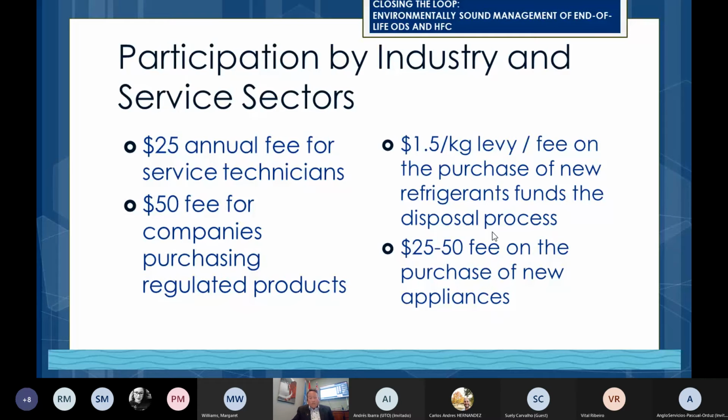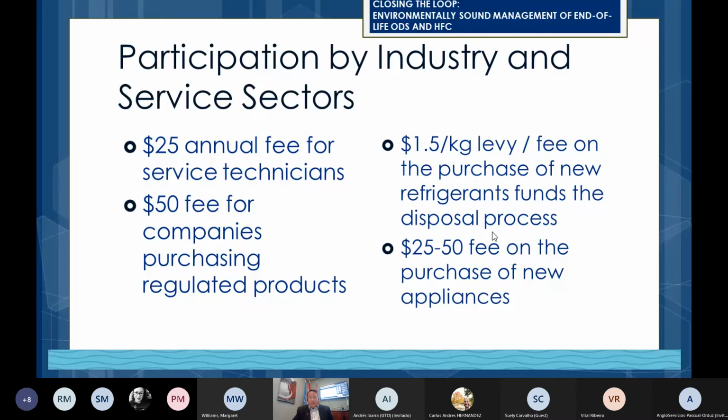And this is, of course, one of them, where you put a point of purchase fee to support the end-of-life stewardship or disposal of, in this case, the refrigerant. That raises millions of dollars, to be frank with you, to help fund the disposal of refrigerants. Again, surplus and contaminated refrigerants, which is so critical.